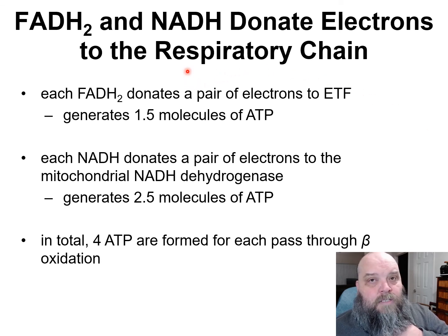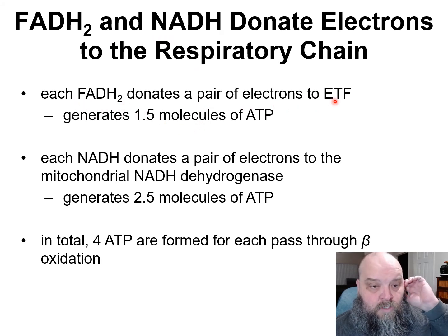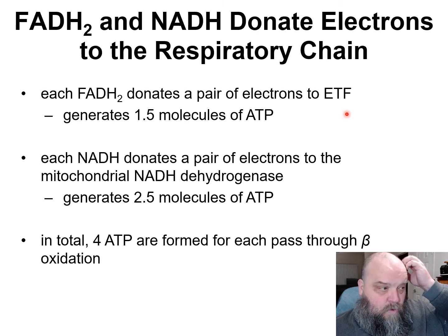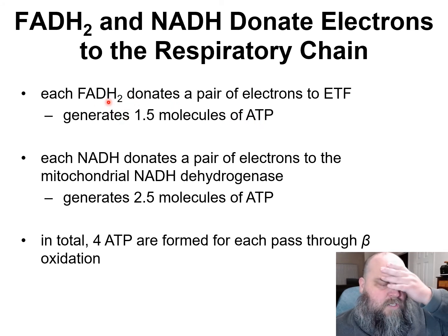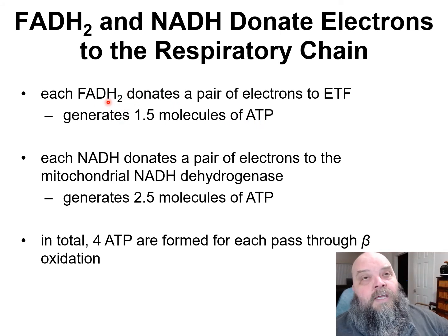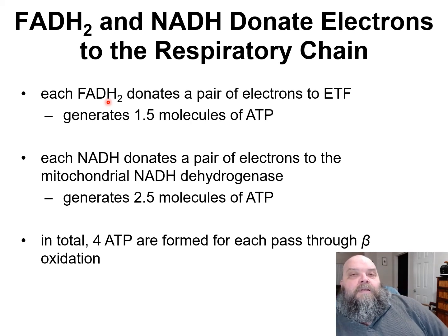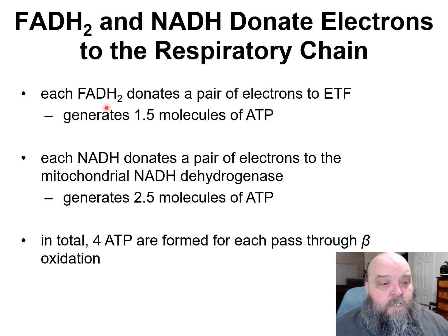Okay, the electron transport chain. That's where the FADH2s and NADHs are going. Each FADH2 donates a pair of electrons to the electron transport chain. Remember from the previous chapter, since the FADH2 is donating its electrons not at the beginning but near the midpoint of the electron transport chain, it's going to generate fewer molecules of ATP than the NADH that starts at the first step.